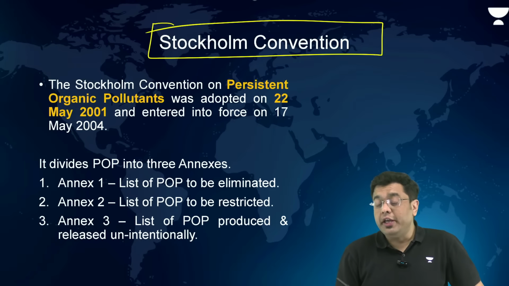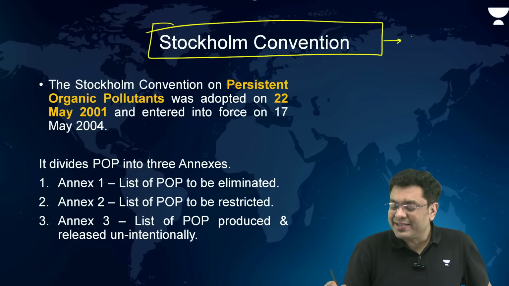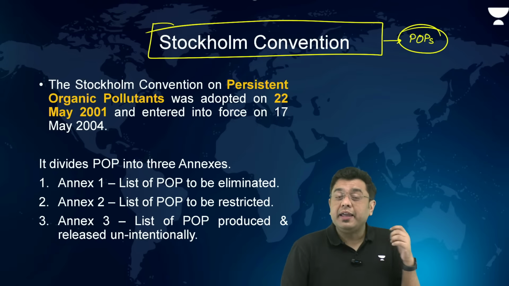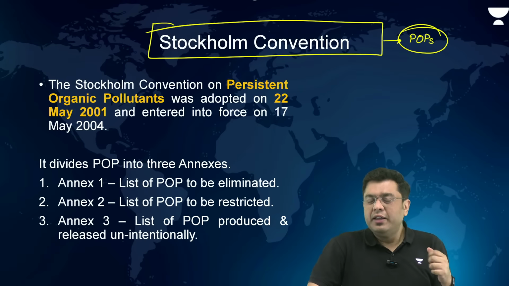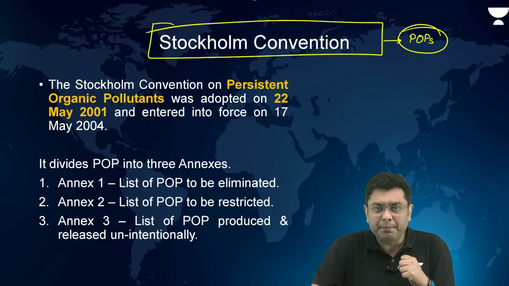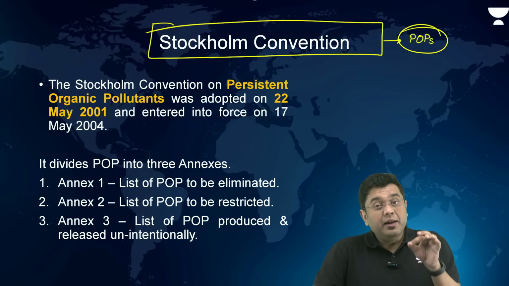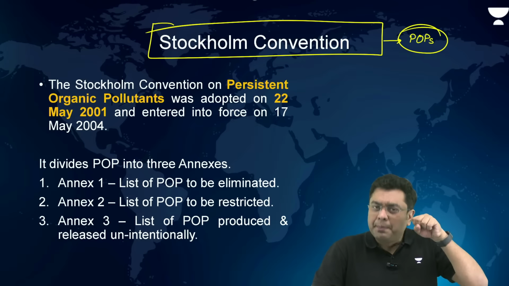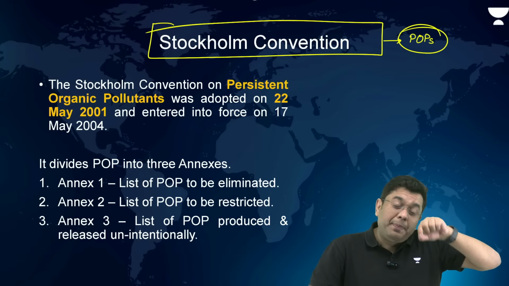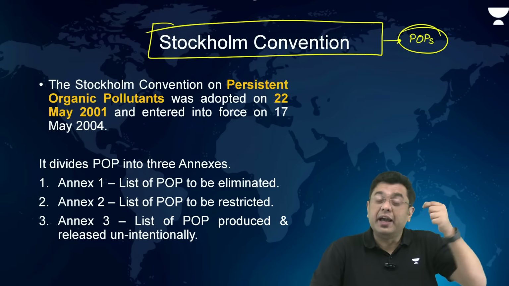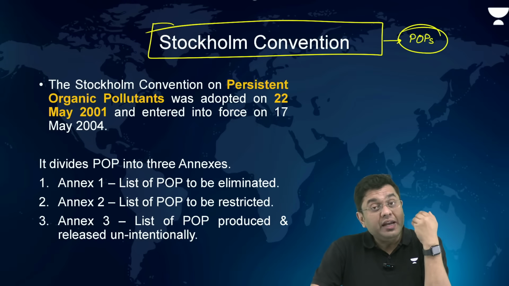The Stockholm Convention is for POPs, persistent organic pollutants. For example, consider the case of chemical fertilizers, some chemical fertilizers and pesticides, like DDT. They will be absorbed by the plants also, so the plants will contain those chemicals. They are organic in nature, so they will be long lasting.